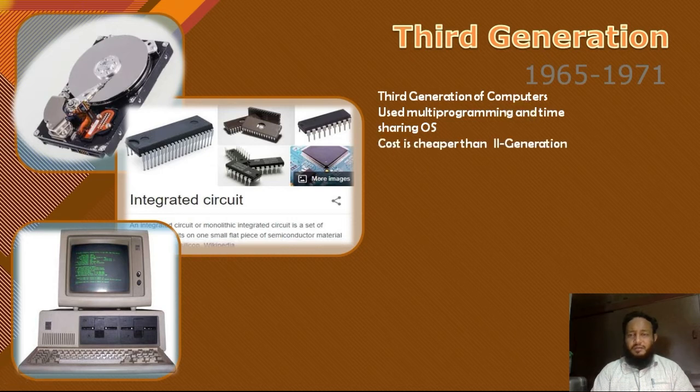When compared to second generation computers, the cost is cheaper and the size is smaller. They consume less power and produce less heat than second generation, are reliable, and the size becomes very small.